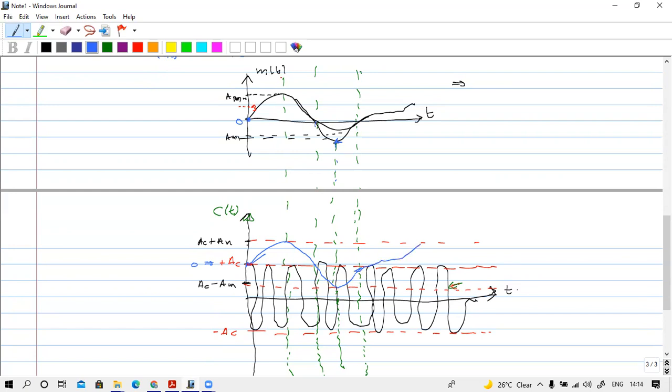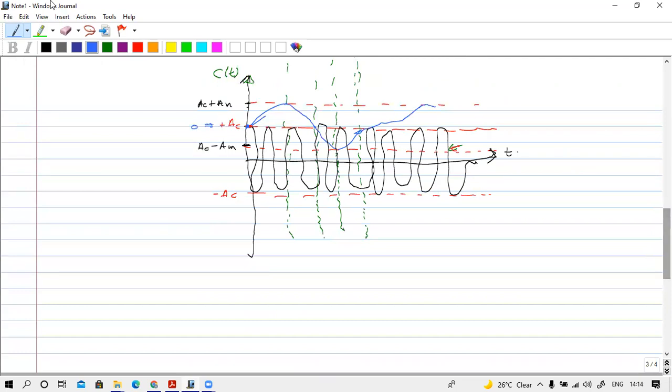We get this kind of signal, and the lower part also gets the same pattern.